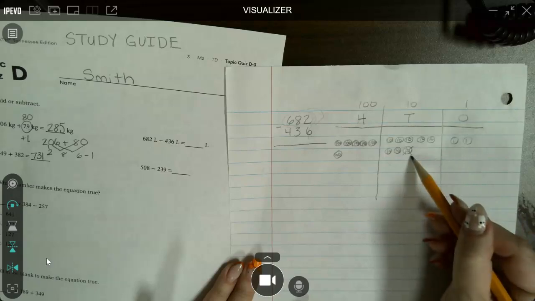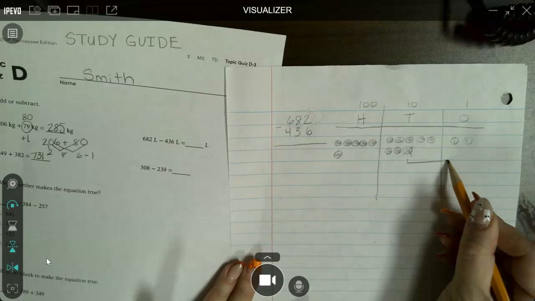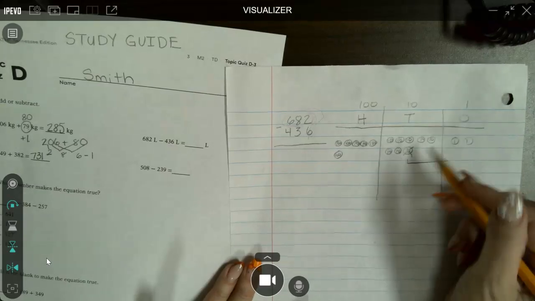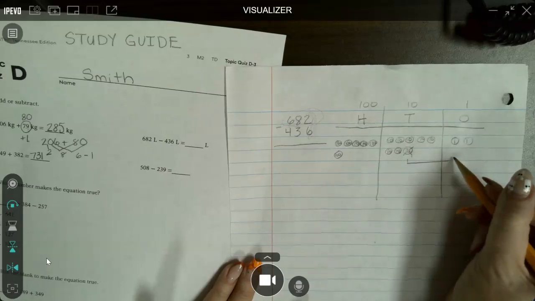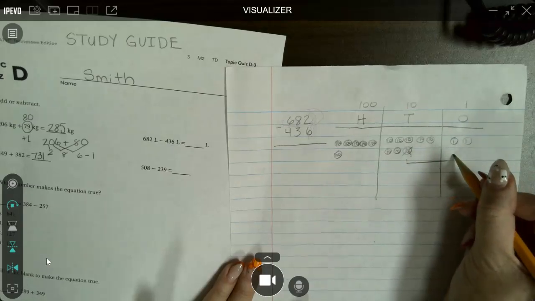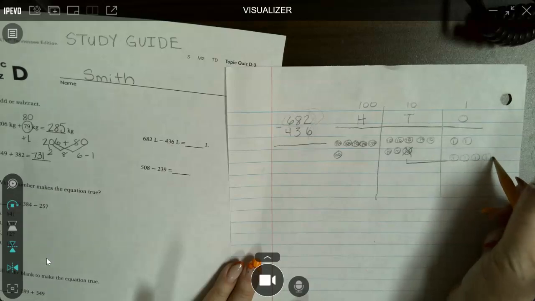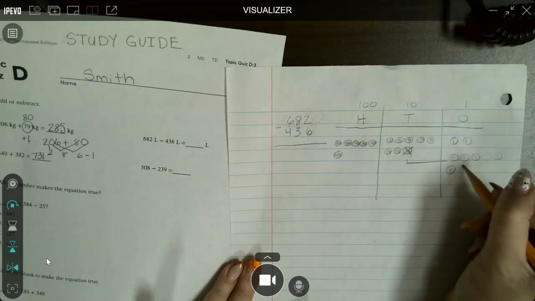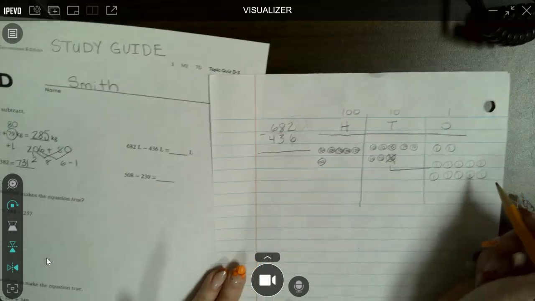So they go to their richer neighbor, as we say in school. We ask them if they could borrow some. And then they turn one ten into 10 ones, counting by ones. So 1, 2, 3, 4, 5, 6, 7, 8, 9, 10.